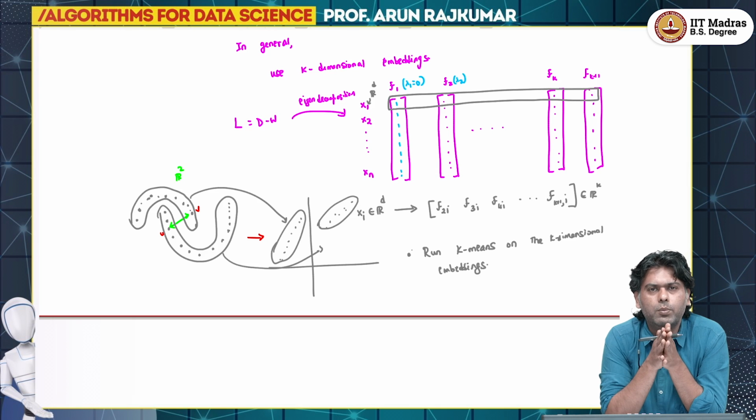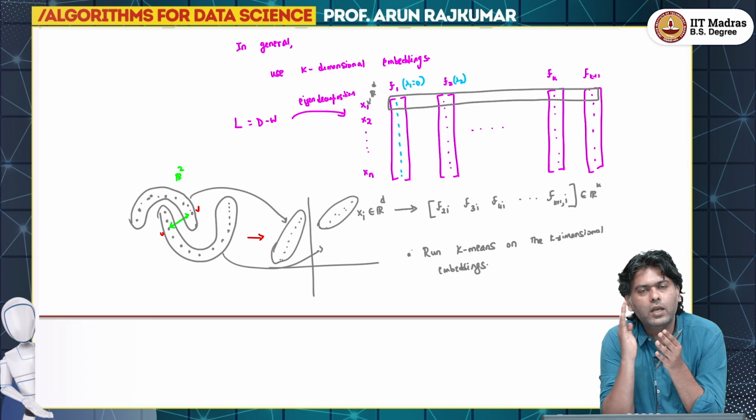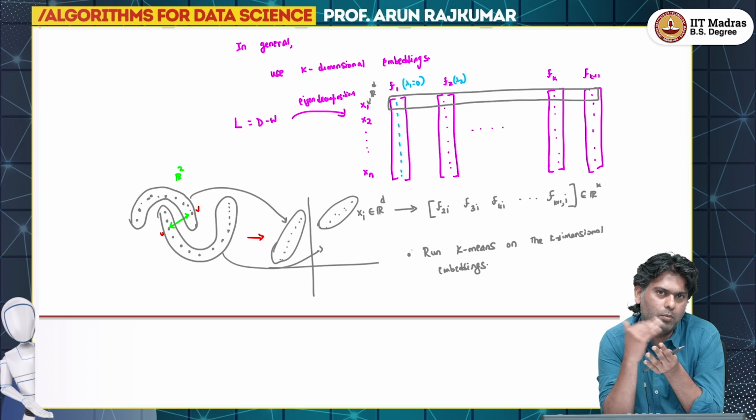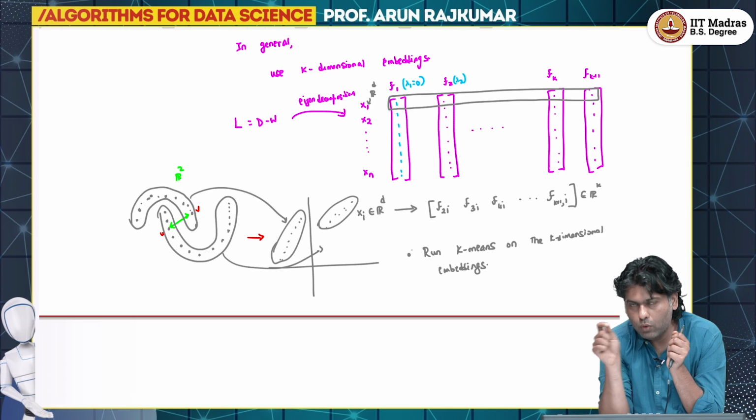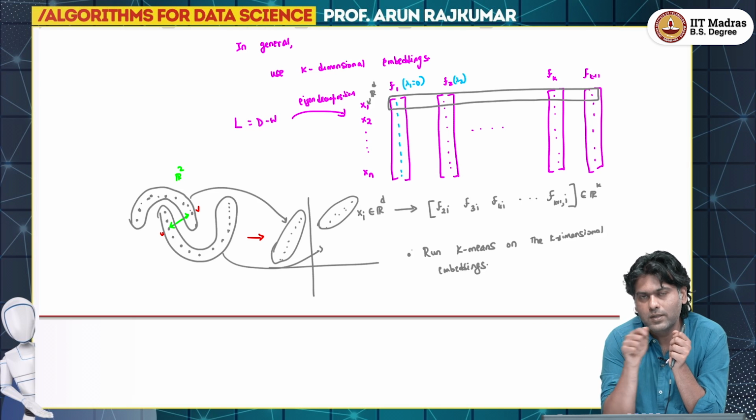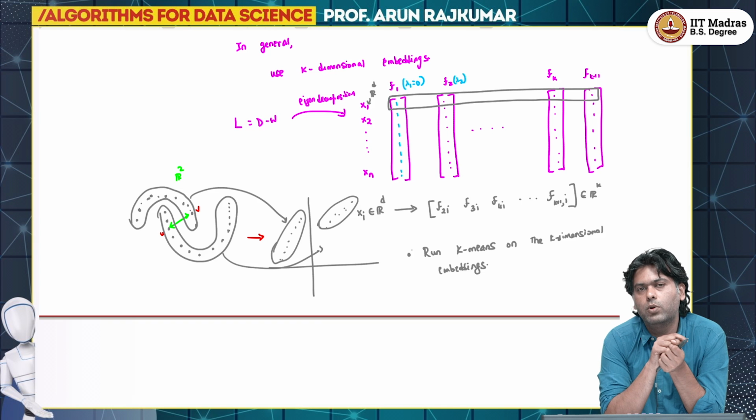So, this is what people do in practice. This is one thing that people do in practice, where you compute the top or rather the bottom k or k plus 1 eigenvectors, and then think of each row of this eigenvector matrix as an embedding of the corresponding data point, and then do your clustering on this space.